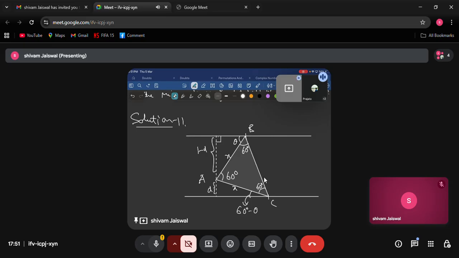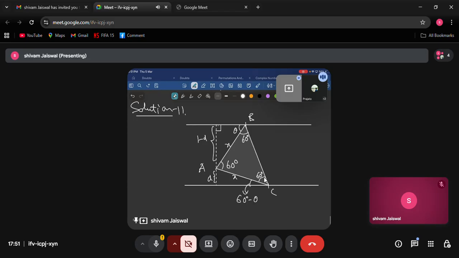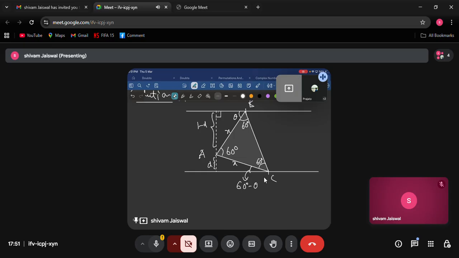Let us find out x. I think now it can be done, but actually theta is a problem. Anyways, let's see. x cos, x sine, right?